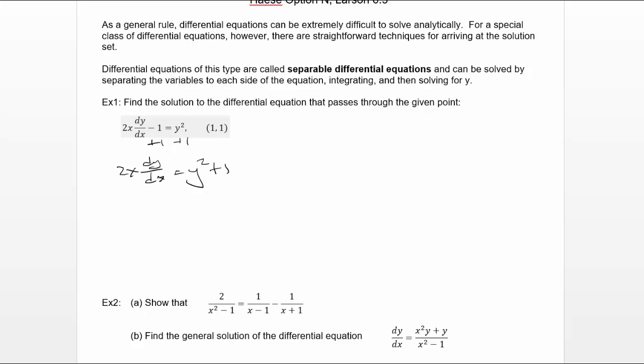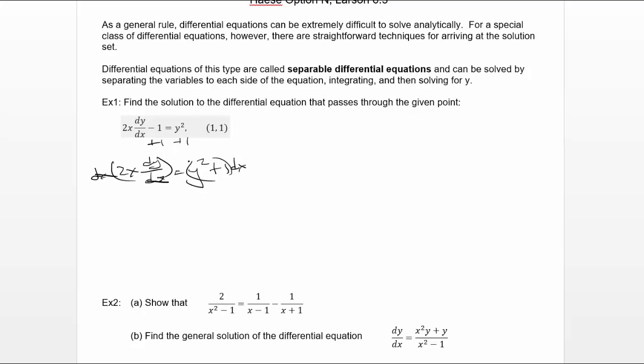I need to get this dx out of the denominator here, so I think I should multiply both sides by dx, which will get rid of this dx down here. But then I have the y operator on the left with an expression with x's, and an x operator on the right with an expression in y's. I don't want that. I want y's and x's.